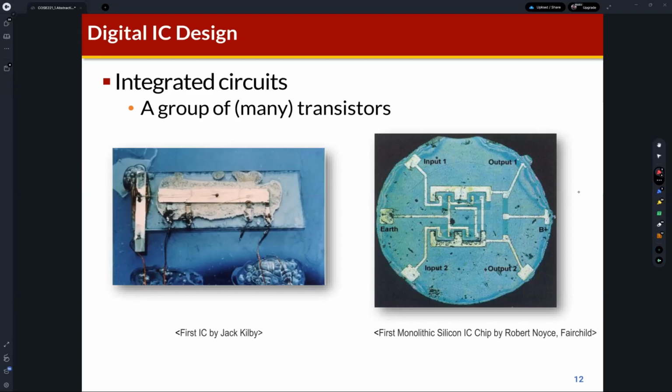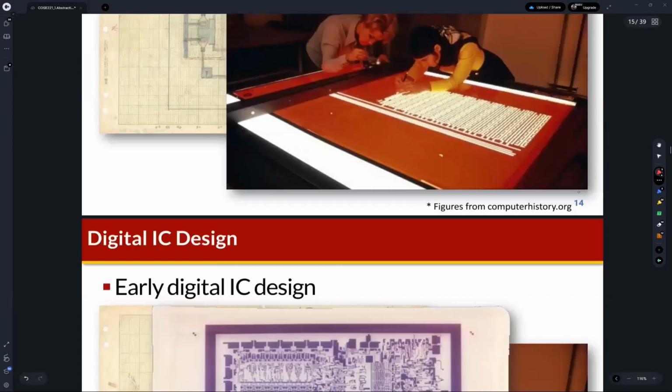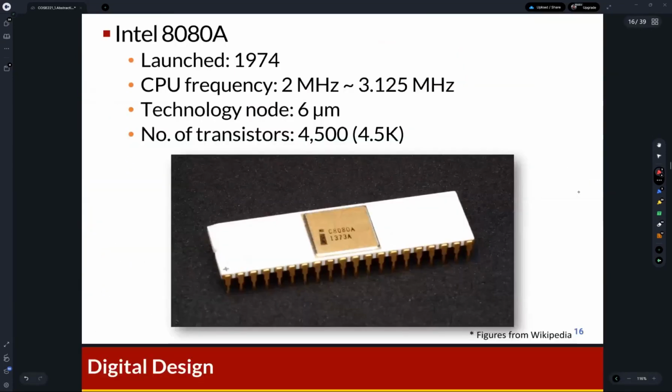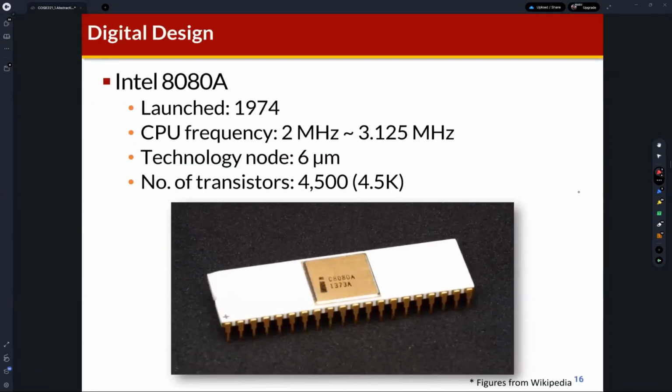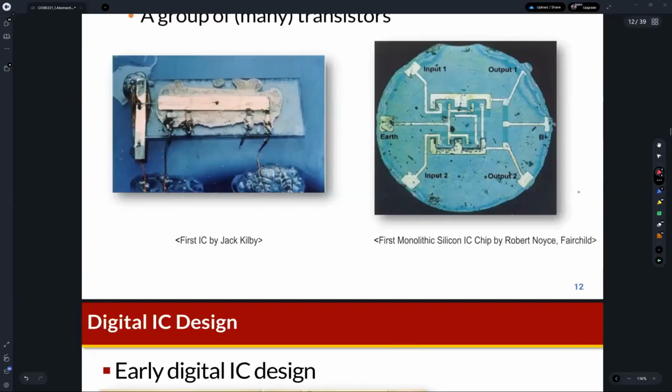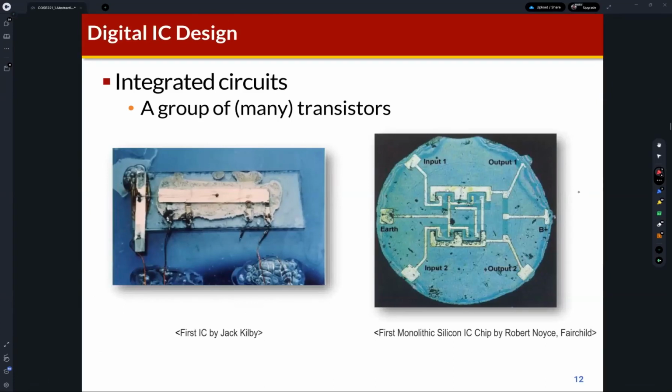We already know that these chips are based on semiconductor technology, right? There is a chip like this. It's a very old generation chip. But these digital systems are based on integrated circuits.